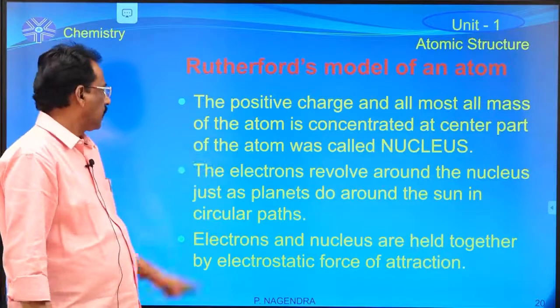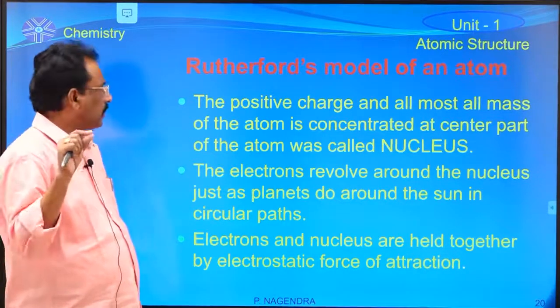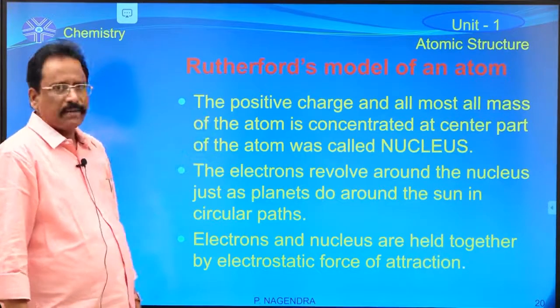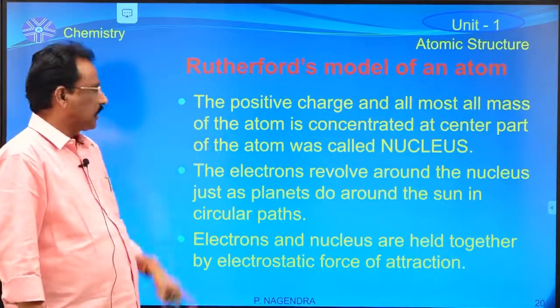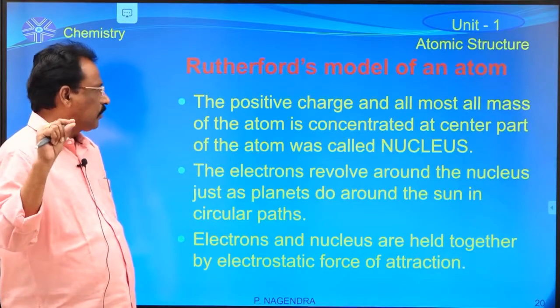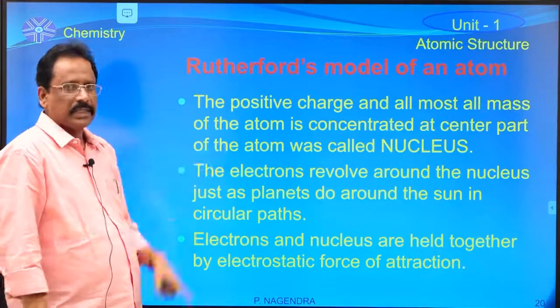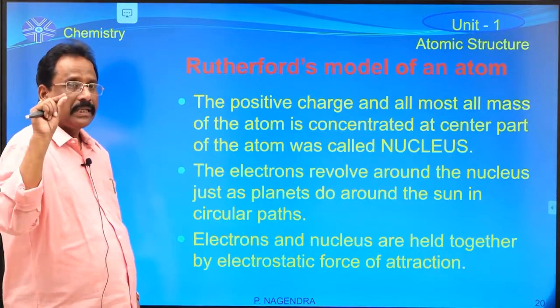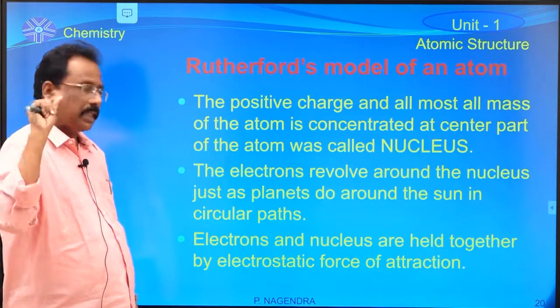According to Rutherford, the first assumption in his atomic model is that almost all the mass of the atom and positive charges are concentrated at the center part of the atom, which he called the nucleus. That means each and every atom has a nucleus. Its charge is positive, remember that.